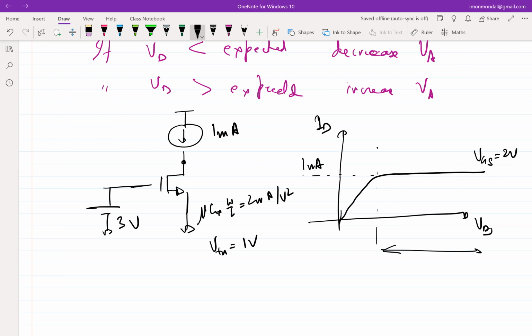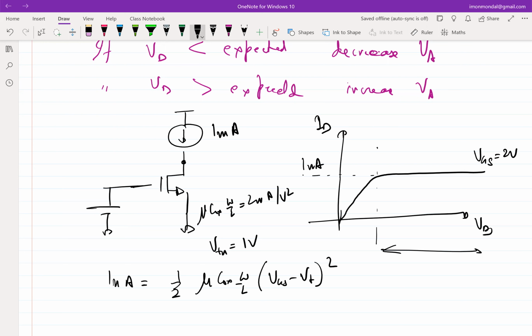Because only when VGS is equal to 2 volt will mu Cox W by 2L times (VGS minus VT) whole squared go to 1 milliamp. So this plot is valid only when VGS equals 2 volt. 1 milliamp is equal to half mu n Cox W over L (VGS minus VT) whole squared. If you set VT as 1 and VGS equal to 2 volt, you get that.